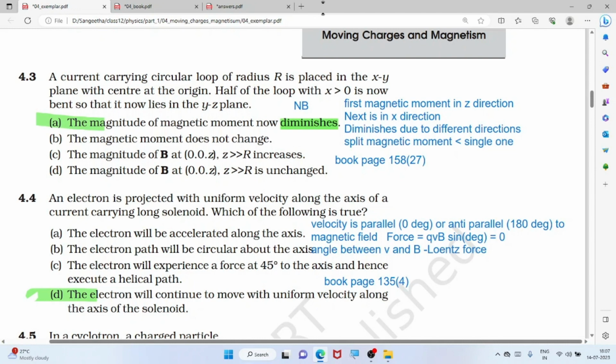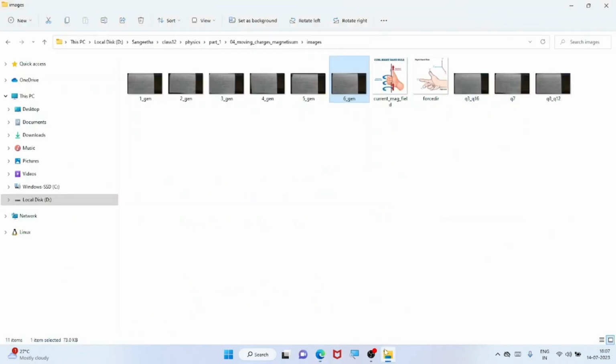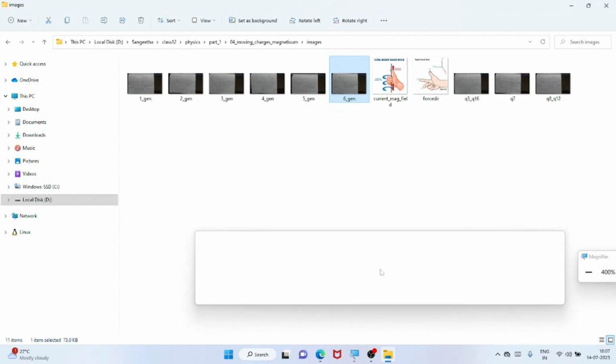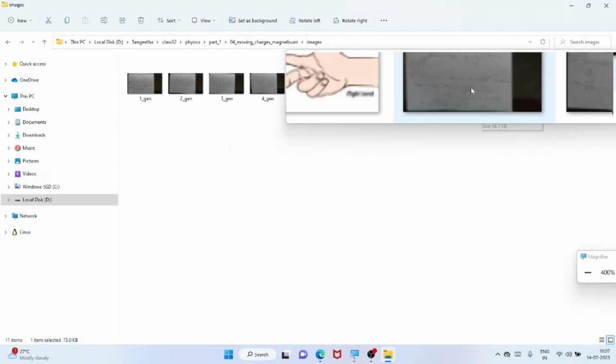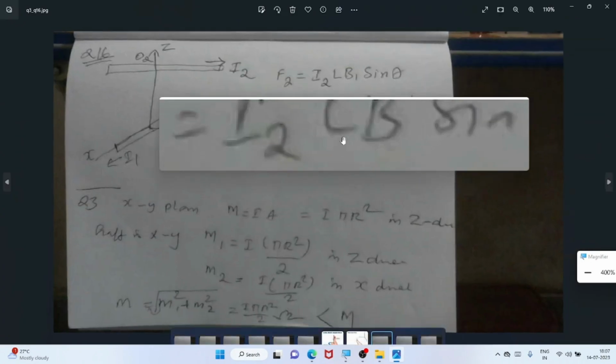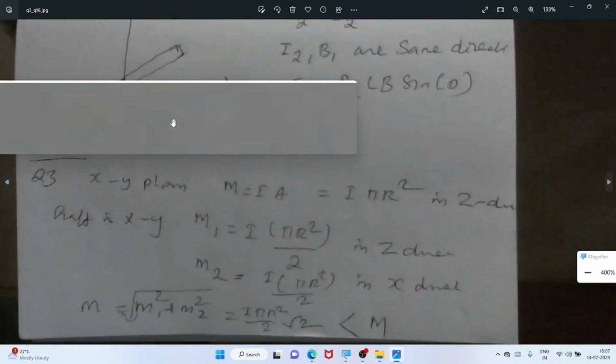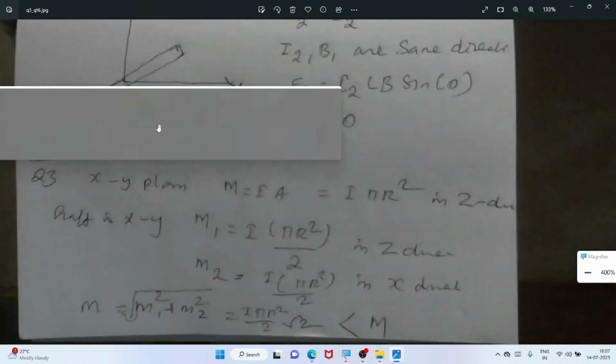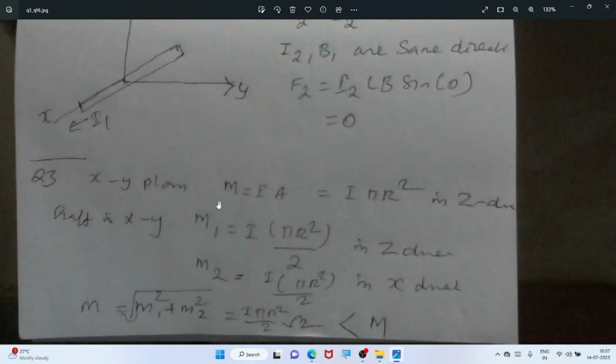Question number 3. Now we are computing the magnetic moment. The magnetic moment for the one loop is IA, the current into the area of the loop. This is for the single loop.